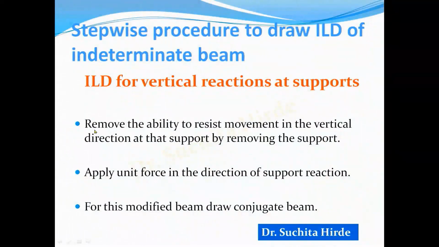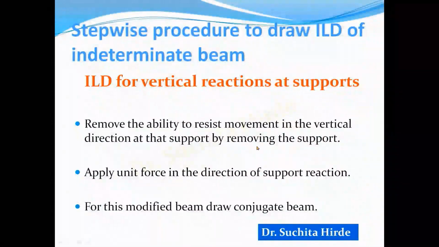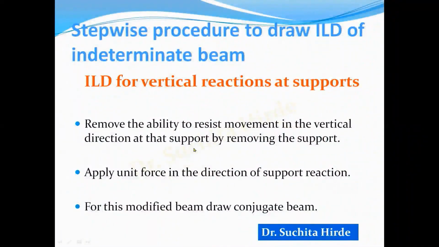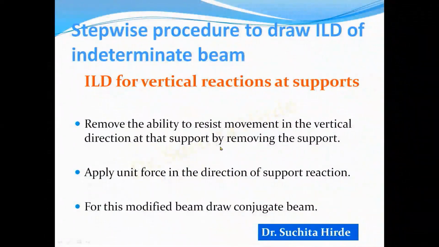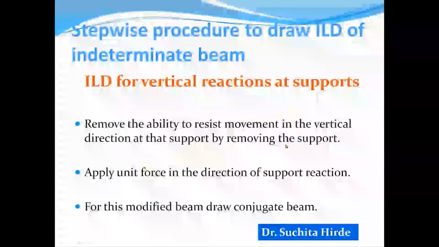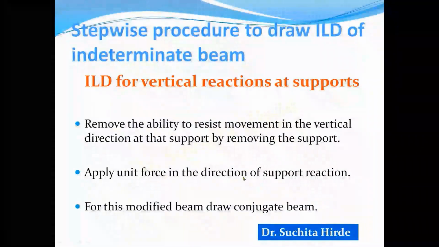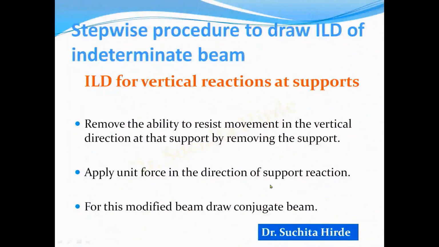The first step is to remove the ability to resist movement in the vertical direction at that support by removing the support. So first of all, you have to remove the support for which you want to draw the influence line diagram. Then apply a unit force in the direction of the support reaction.